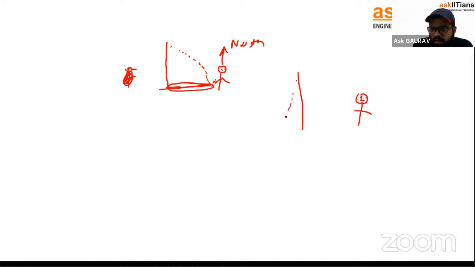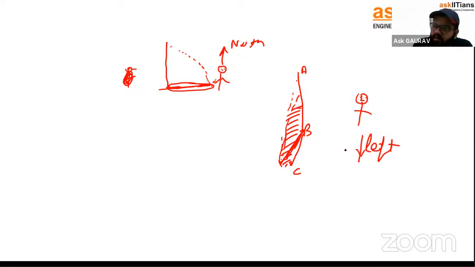Let's say this is your shadow, and this is your left direction. Let's say this is A, this is B. The shadow is your BC direction. The diagram is 3D, that's why it's not proper. This is your BC, your shadow of the pole AB, and it is at your left.